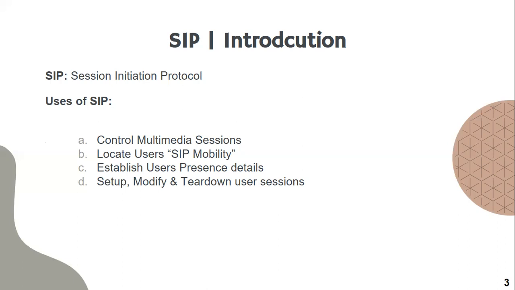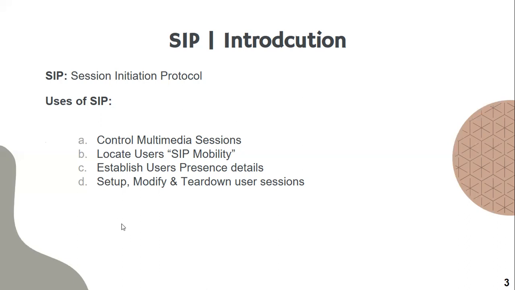Is he barred or not? Did he pay his bill or not? All these are SIP messages or SIP requests that happen before the call starts or during the call setup procedures. And who does this exactly? It is the SIP protocol.